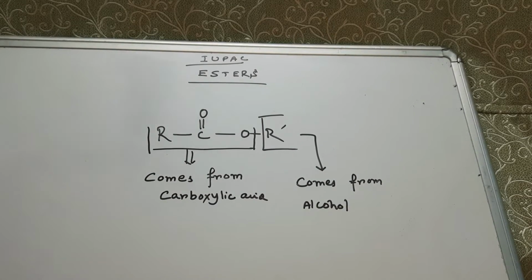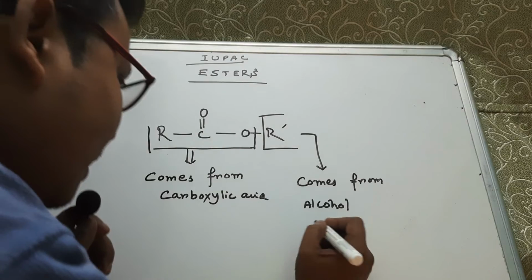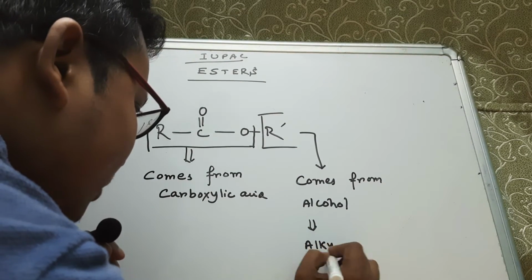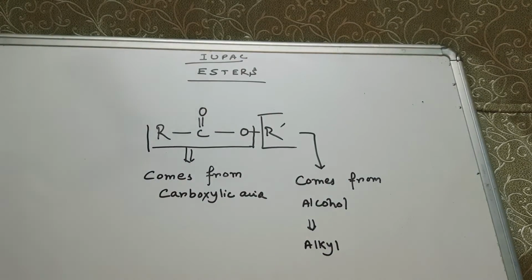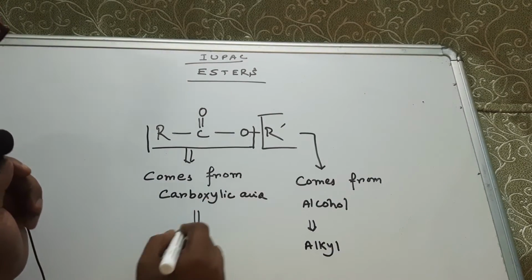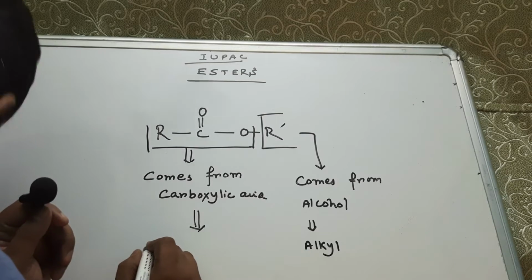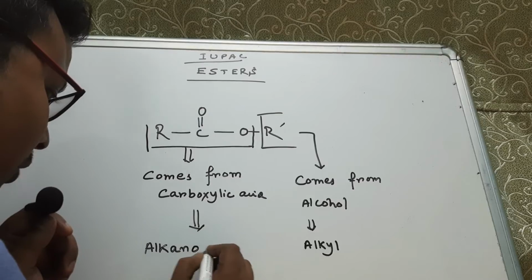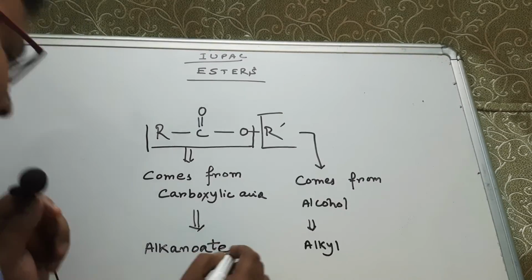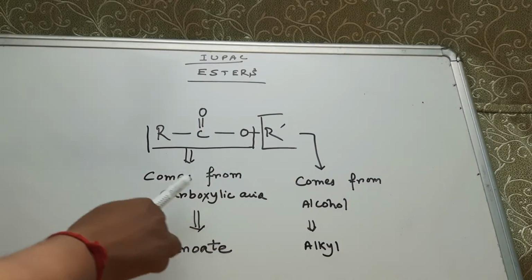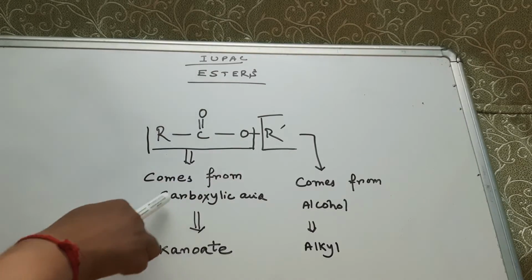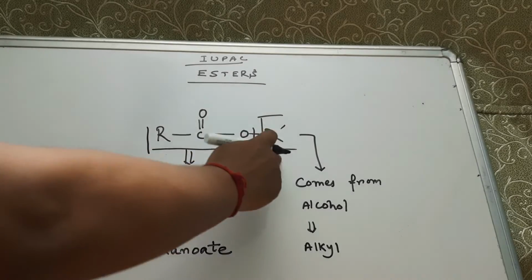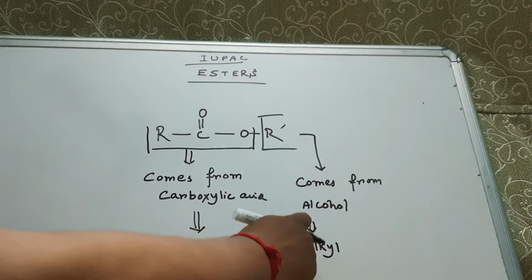So the alcoholic part is written as alkyl, and the carboxylic part is written as alkanoate. So the part that comes from carboxylic acid is written as alkanoate, and the part that comes from alcohol is written as alkyl.